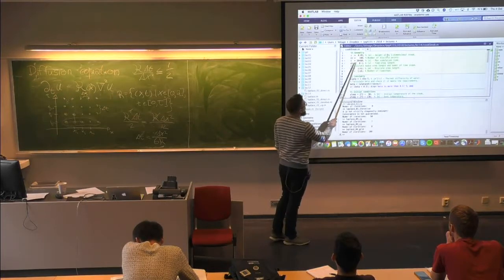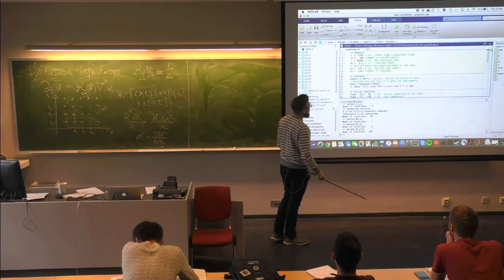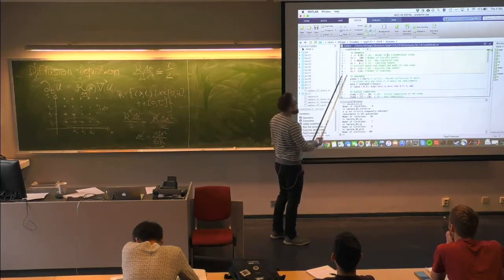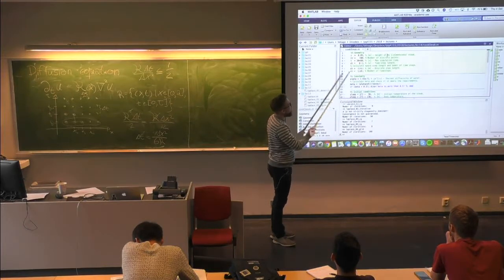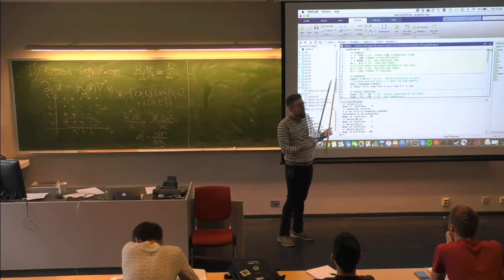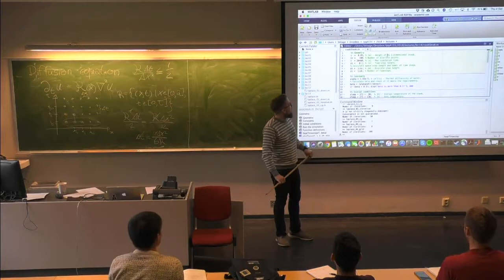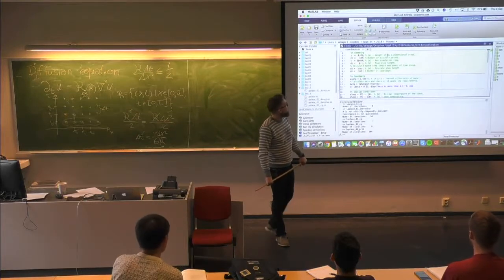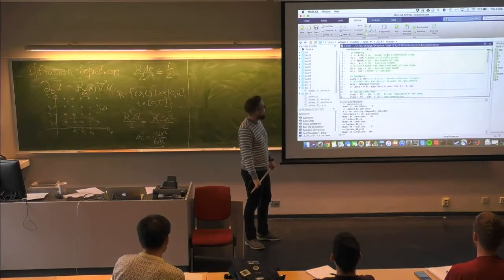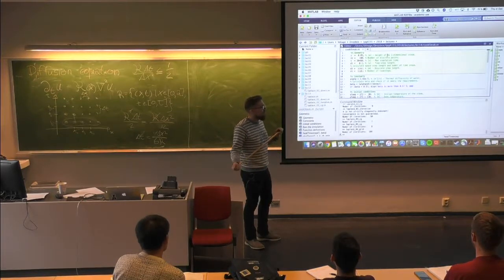For dt, I just set it to 0.1 because that works. Then I figure out the spacing between grid points and the maximum number of time steps I need. Here I've called it alpha. This is the kappa in the equations, the thermal diffusivity of water. So I basically assume that my steak is water.